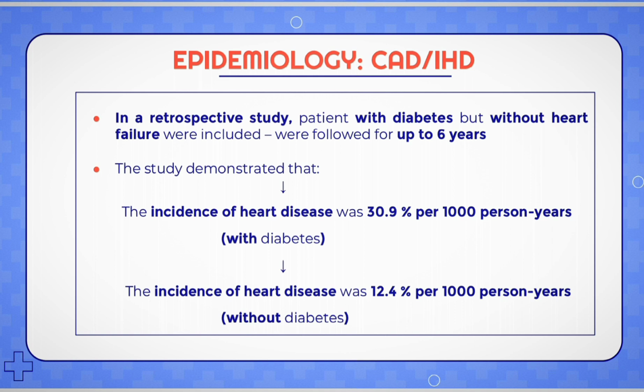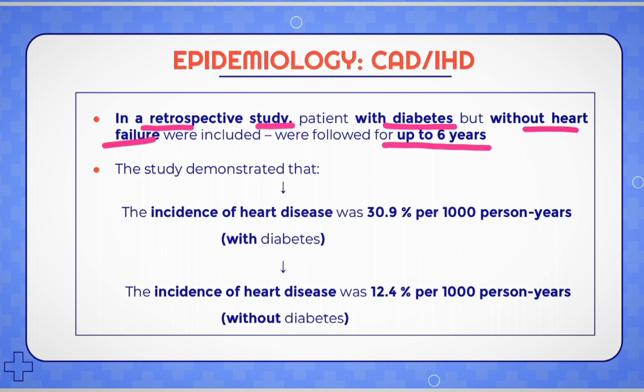A retrospective study was conducted in which patients with diabetes were included. However, these patients had not developed any kind of heart failure. These patients were followed up for up to 6 years, and after these 6 years, the study results demonstrated that the incidence of heart disease was quite high in patients with diabetes as compared to patients without diabetes.